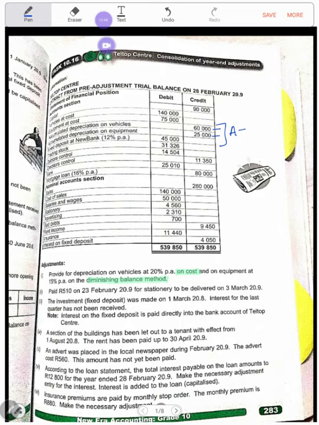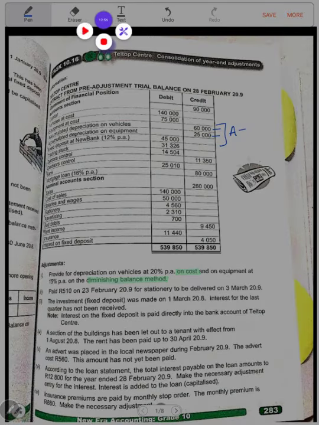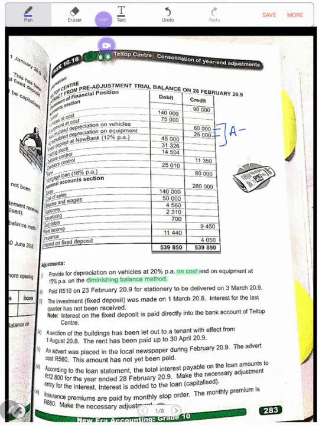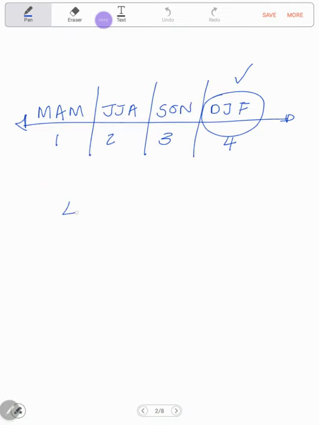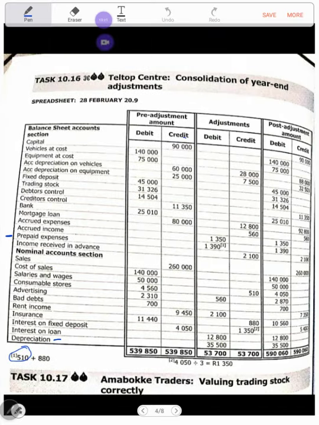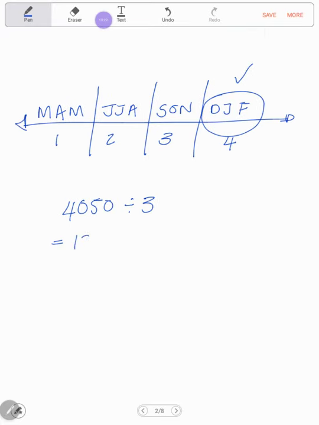Although, if we work out the value of that, alright, so that was the 12% interest, but you'll see if we go down to the nominal account section, they told us that the interest on our fixed deposit is supposed to be 4,050, and of that 4,050 we haven't been paid for 3 months. So 4,050 divided by 3, you should get a total of 1,350.